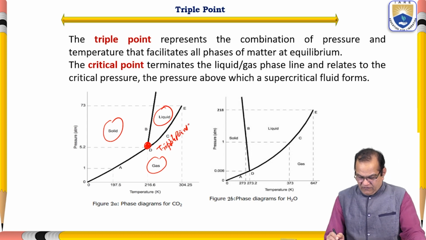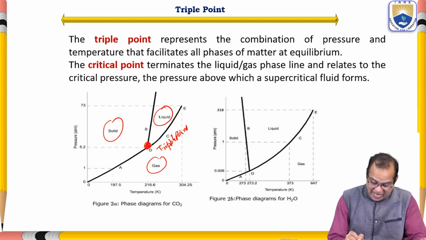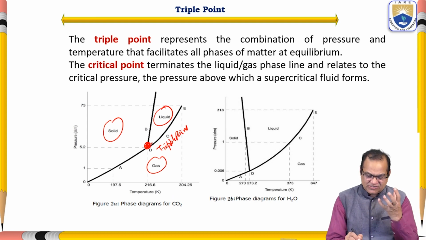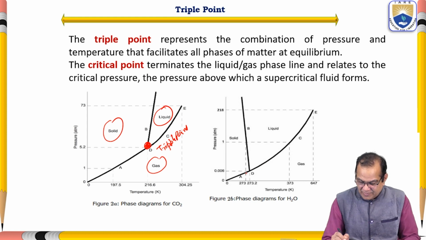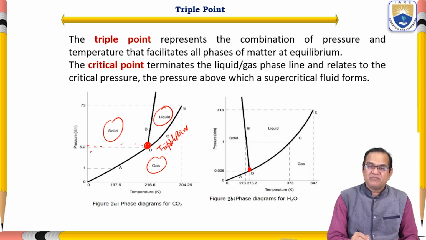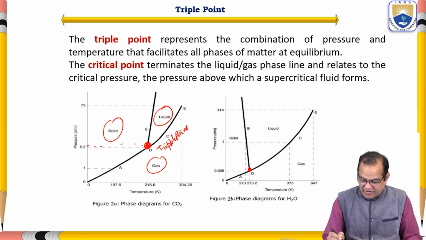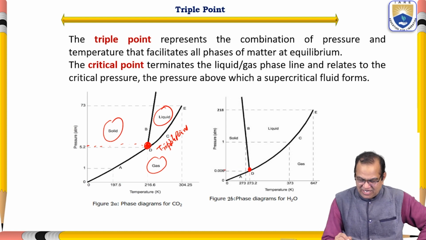In the phase diagram for carbon dioxide, at a somewhat higher temperature, you will get the solid, liquid and the gas. But for water, this triple point is very low, 0.006 atmospheric, whereas for carbon dioxide it is nearly 5.2 atmospheric, above atmospheric pressure.